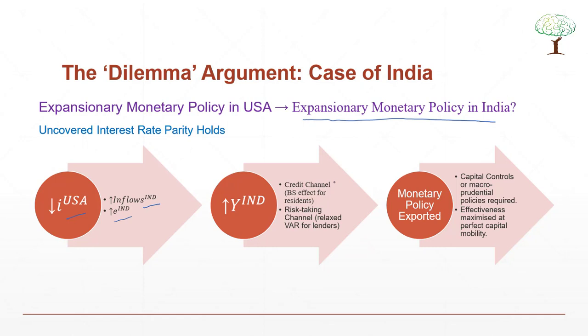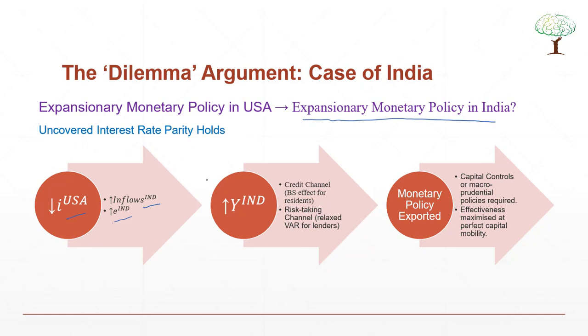One is the credit channel. This basically comes through companies having foreign debt. So I may have a $1 billion loan. I am a company residing in India, doing some business in India. But when flows come in and the rupee appreciates from 75 to 74, instead of 75 billion rupees that I had to make a payment to the US company, I now need to make only 74 billion rupees.